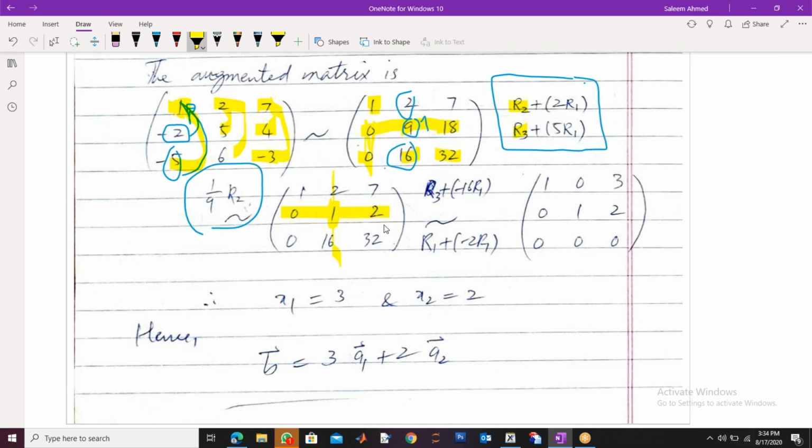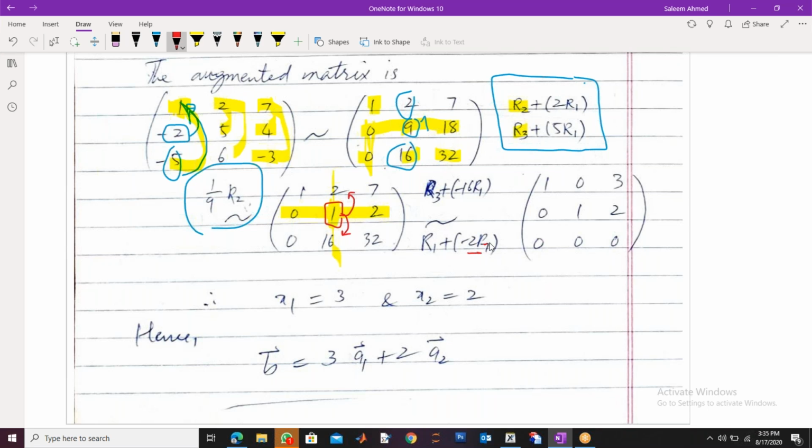How can I make above and below 0? I can multiply this row by 2 and subtract from here. So minus 2 plus 2 will be 0. And I can multiply this by 16 and subtract from here. So this will also become 0. So now I am using row 2 to make the entries in R1 and R3 0.